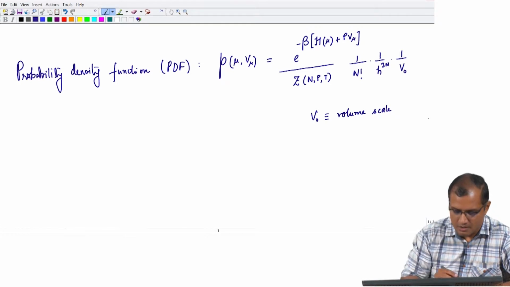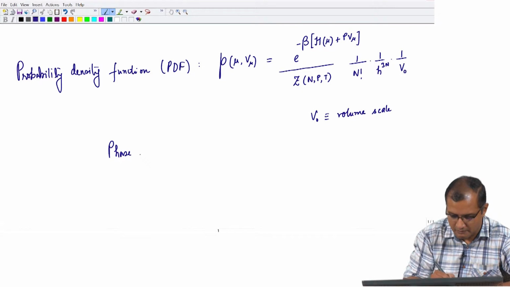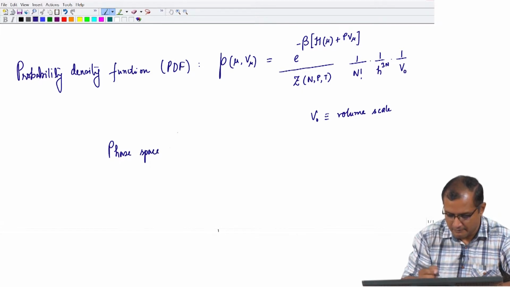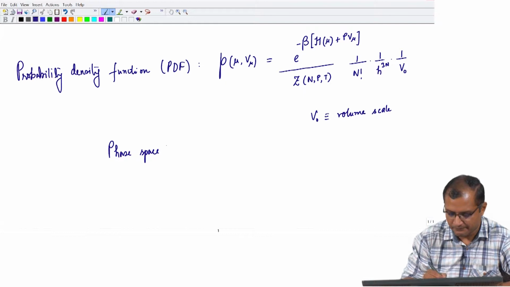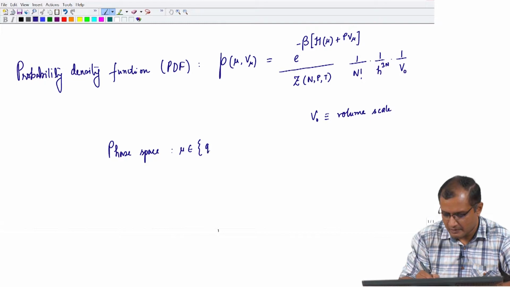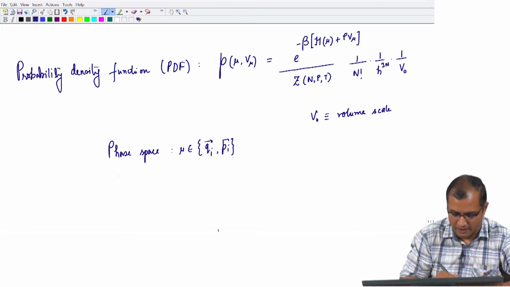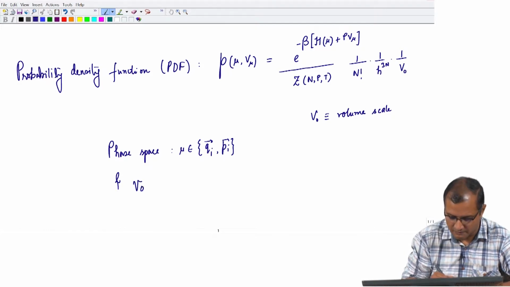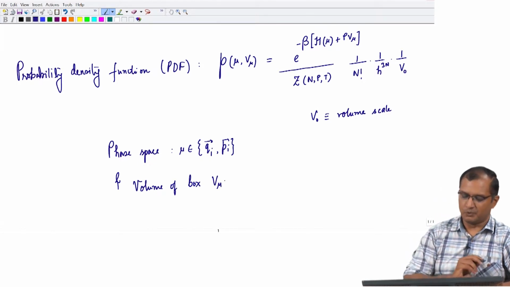So, I am going to say that my phase space here, the overall degree of freedom is movement in phase space, which is due to the microstate and volume of the box, for a given value of mu.